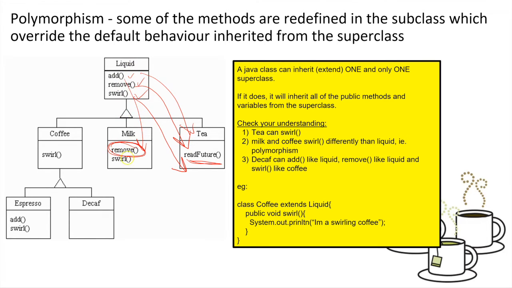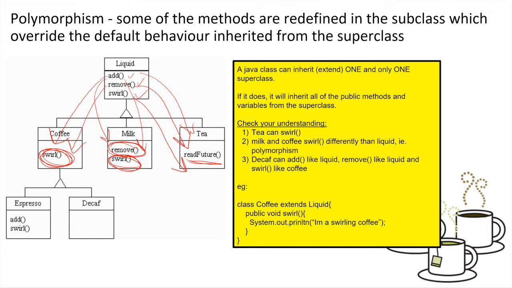And finally swirl, the same thing again. Swirl has been overridden, so the only method from liquid that it'll have is add, because it's defined its own remove and its own swirl. Coffee will have the add from liquid, and it'll also have the remove from liquid, but it has defined its own swirl, so it'll have its own swirl.